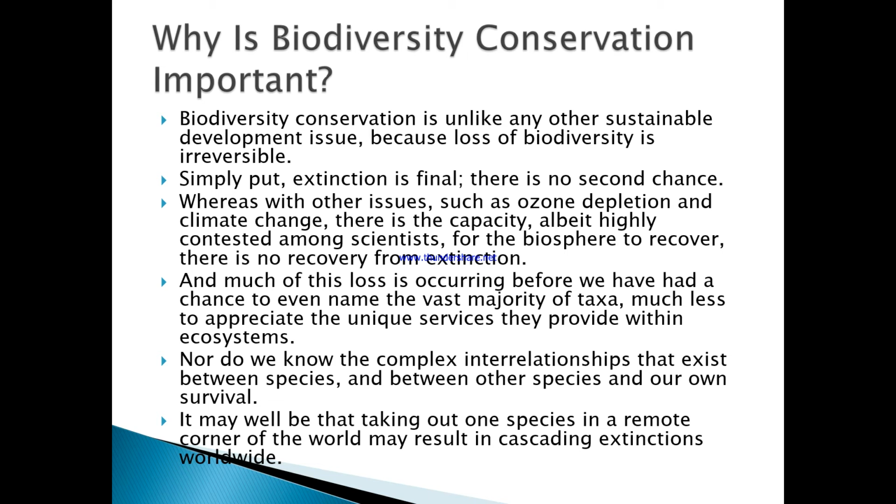So, therefore, we have to preserve the biodiversity with whatever variety it has got. Now, as human beings, we have to be part of this ecosystem because we share the Earth, the only planet in this universe which has life on it.